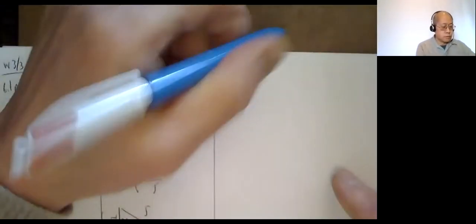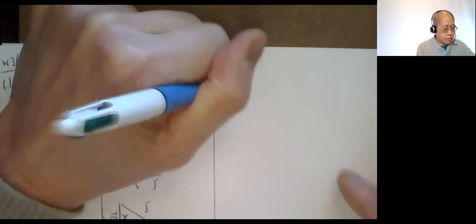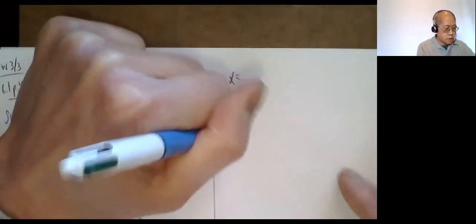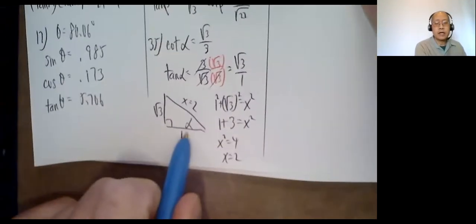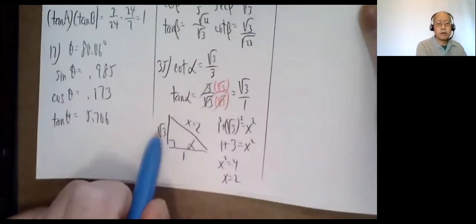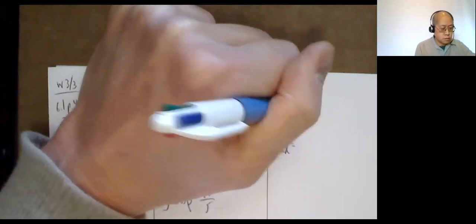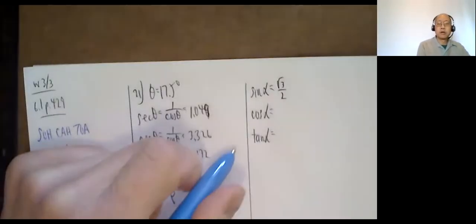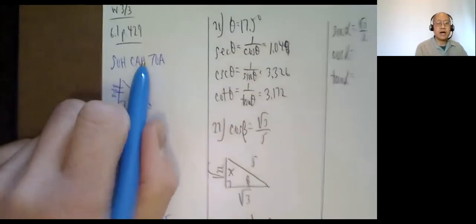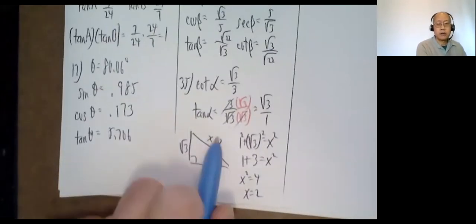All right, so sine alpha, cosine alpha, tangent alpha. Sine is SOH, so opposite over hypotenuse, radical 3 over 2. Cosine, CAH, adjacent over hypotenuse, 1/2.